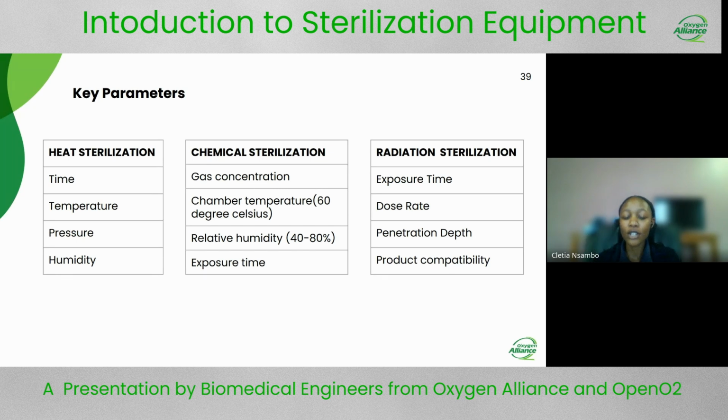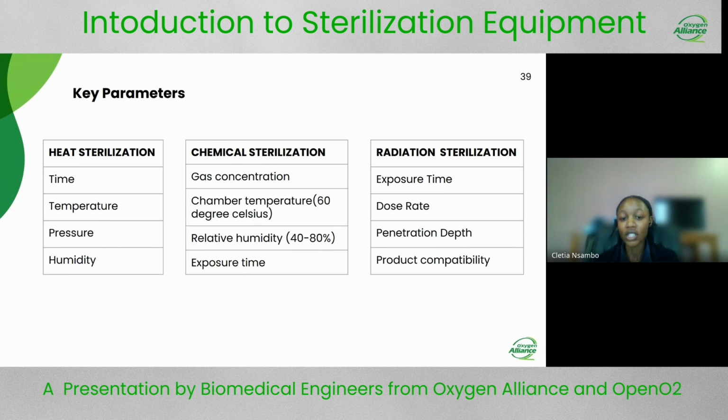Also, as mentioned by my colleague earlier, radiation has different penetration depths. Depending on your product, you have to know the type of radiation that you're using and whether it's going to be able to penetrate your items.